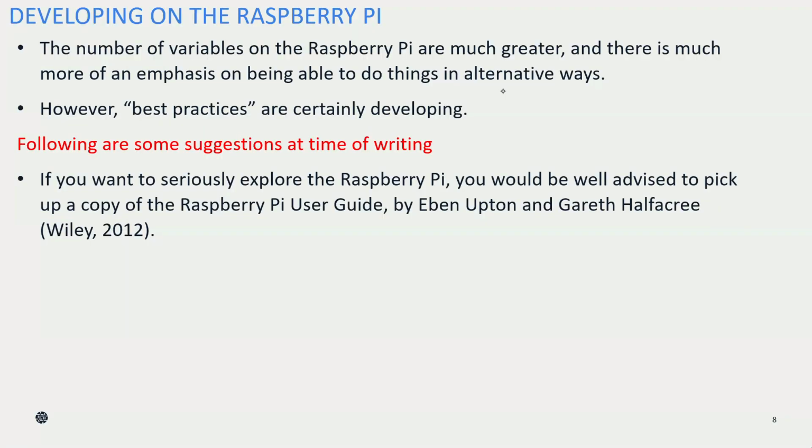After that, we need to discuss developing on the Raspberry Pi. Okay, now if you see your Arduino board, the number of variables in the Arduino board is very less when compared to the Raspberry Pi. The obvious thing here is that if you compare, so many things are a greater advantage in the Raspberry Pi.